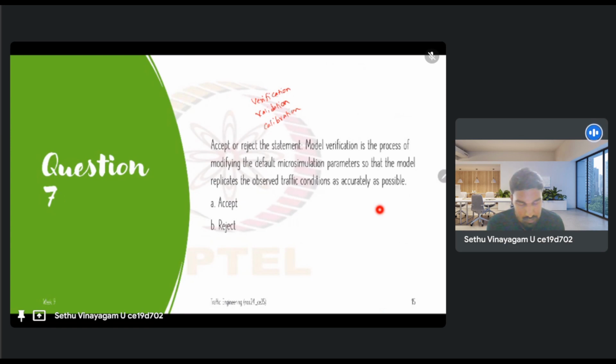So verification is basically, you have defined some logic or some rules as part of your model, right? For example, to replicate the traffic signal behavior, when it is a red signal, the vehicles cannot cross the intersection. When it is green, they are allowed to cross. So that is the rule or the logic that we have fed into the model.